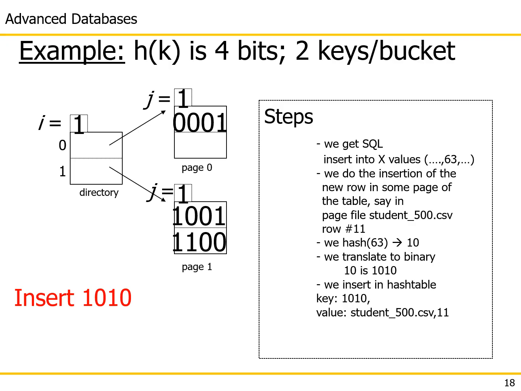So if I say that J equal to 2, that means the leftmost 2 bits must be the same. If one of them is 0 0, the rest has to be 0 0. If I set the J equal to 3, then the leftmost 3 bits must be the same. So if any one of them has leftmost bits 1 1 1, then the rest must be 1 1 1. They have to all agree.